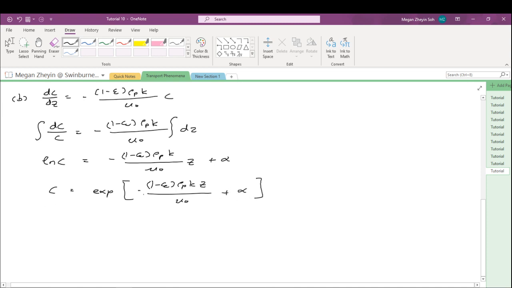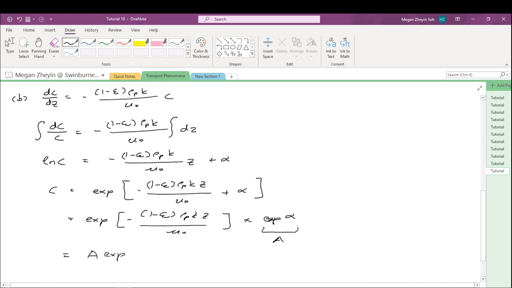So the exponential of this plus this gives you exponential of negative (1 minus epsilon) rho P k z over mu 0, multiplied by exponential of alpha. We shall take this one to be A. Therefore, it gives us A exponential of the above following over here.